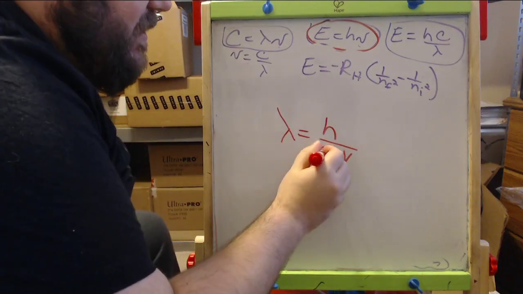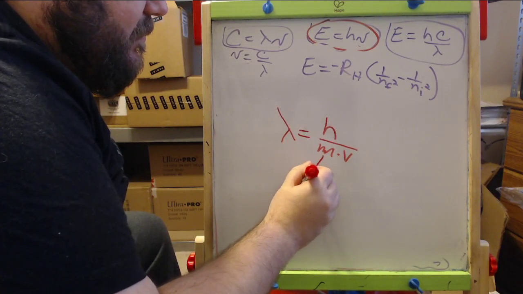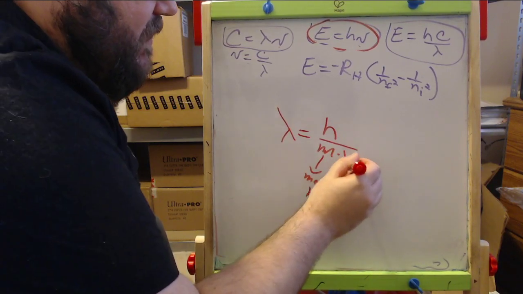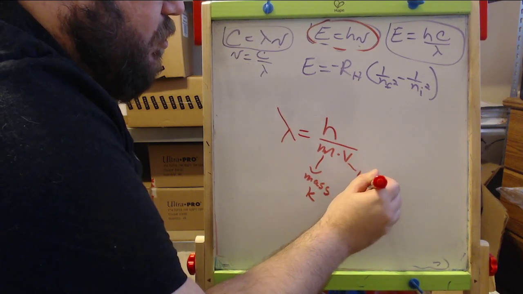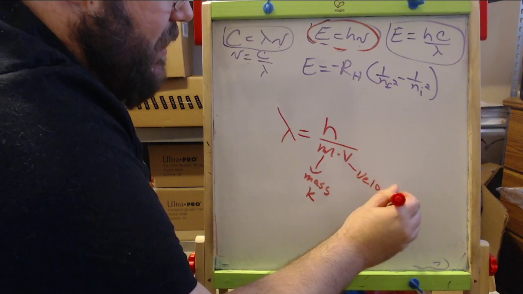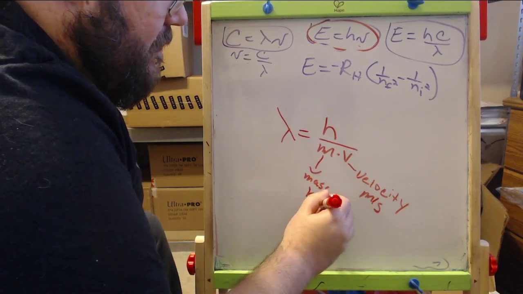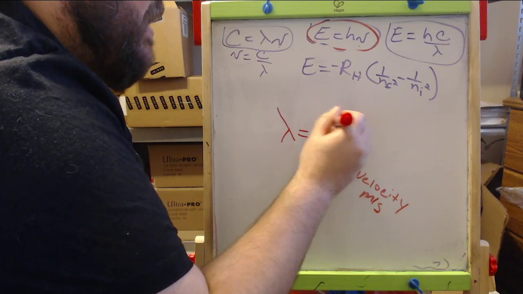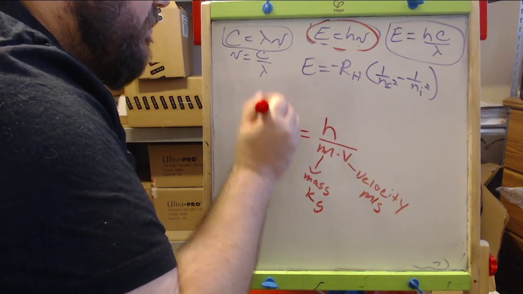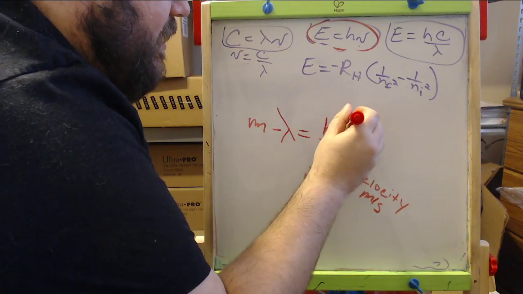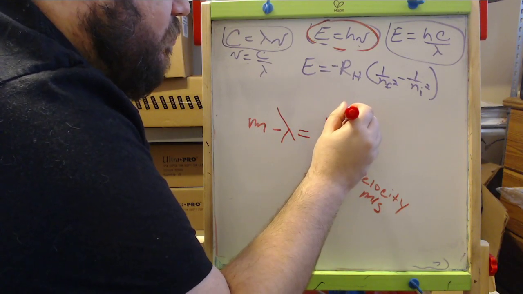This is mass, and it has to be in kilograms. This is velocity, not nu. This is not frequency. This is velocity in meters per second. This is Planck's constant. This is wavelength in meters. And this is Planck's constant in joule seconds.